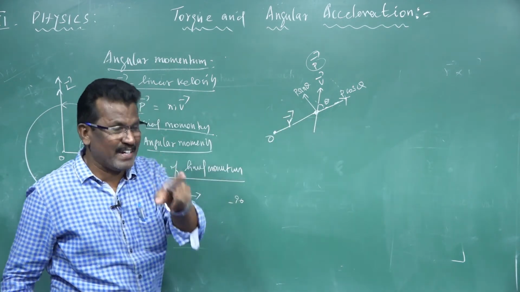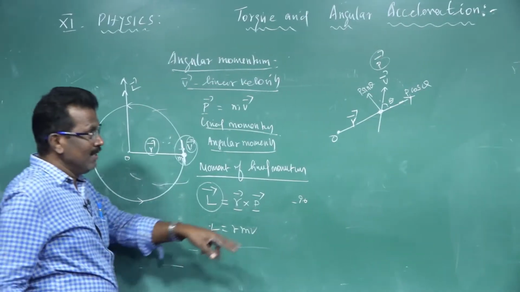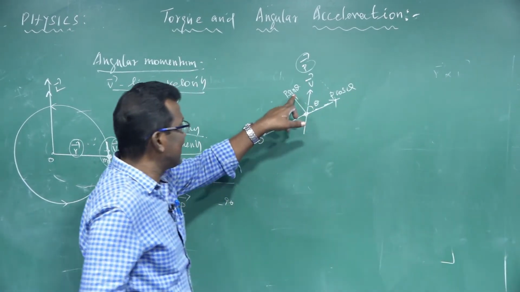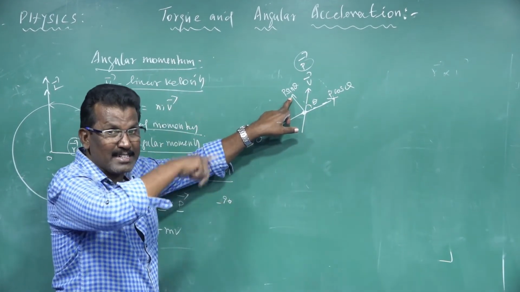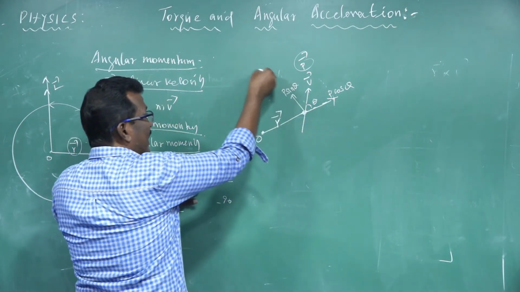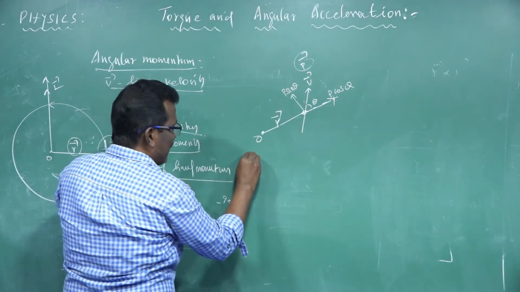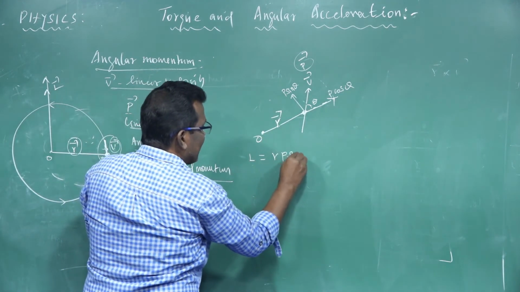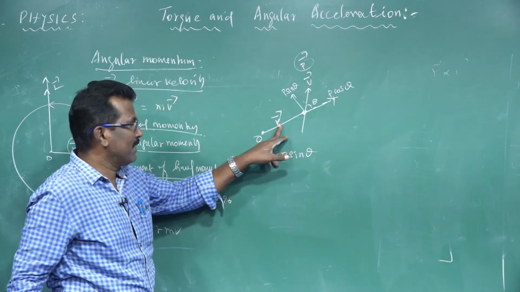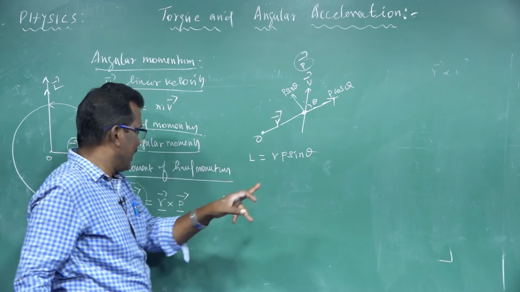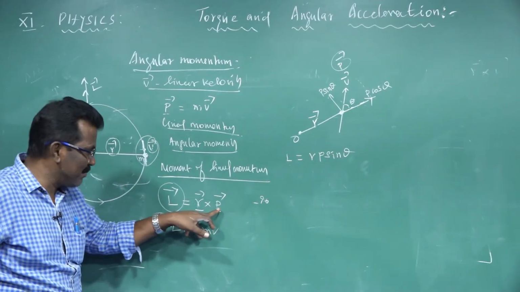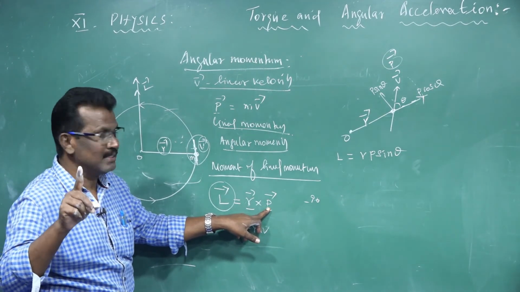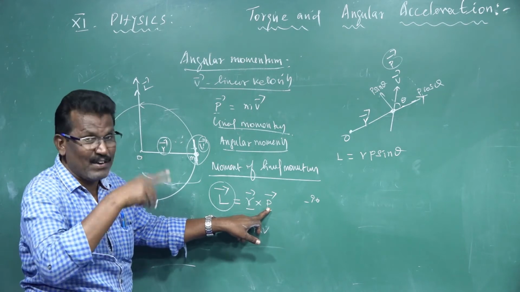Which component affects the rotation of the particle? The p cos theta does not affect any rotation of the particle. Only the p sin theta affects the rotation. If it rotates, there is a momentum, and that momentum is the angular momentum L. So L is equal to r times p sin theta. The cos component does not affect, but only the sin component affects the rotation.